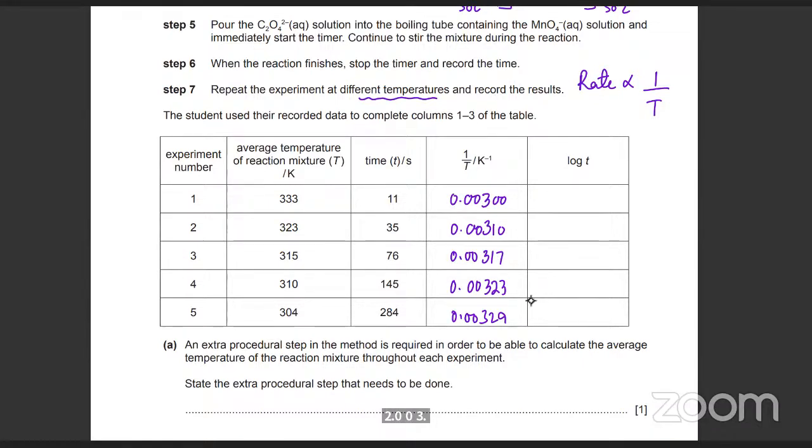Log. You have to take log. So what do you get for log? What's log 11? 1.04. Log 35, 1.54.